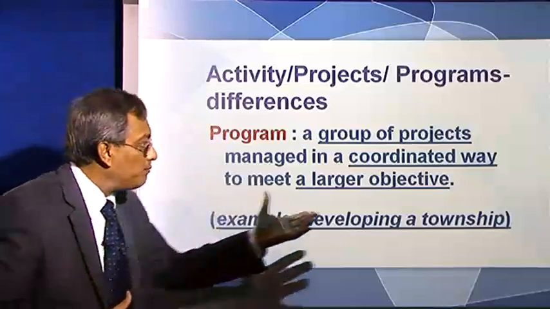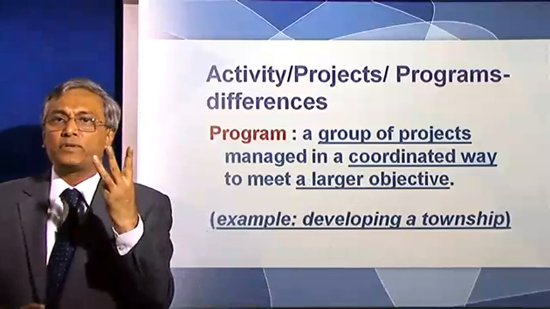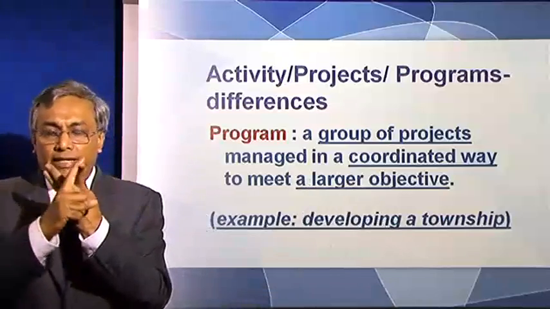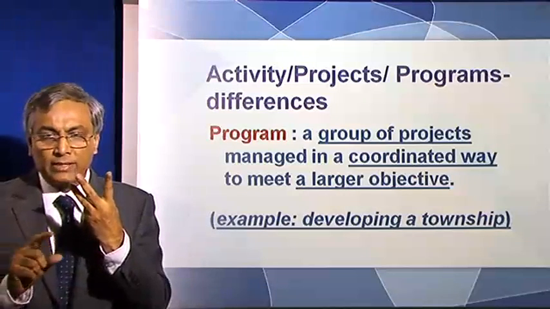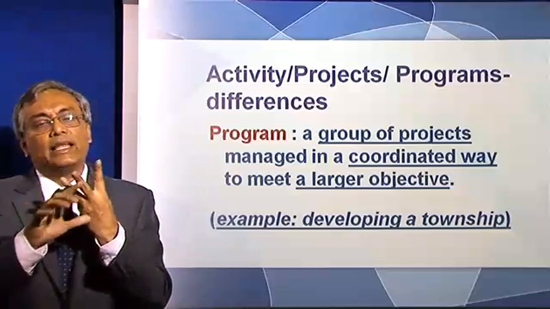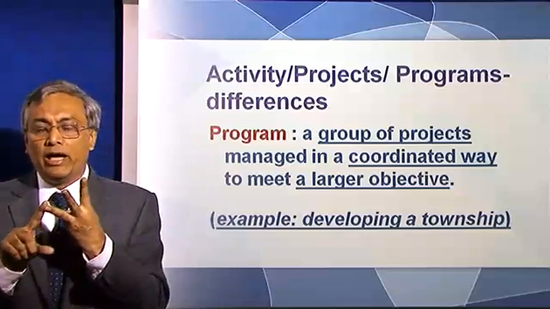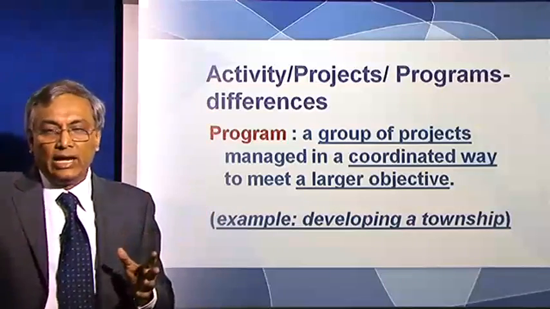All these together give you a township. Therefore, now we have understood 3 different types of activities. One is called the activity, which is small in nature, with a very limited purpose. A project is larger in nature, combines several activities, and finally you have a program, which is a series of projects to achieve a larger objective.